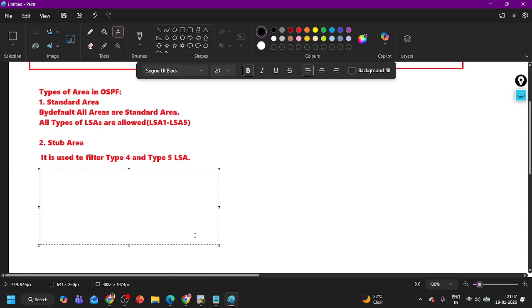Okay, so what we can say now is that we cannot make area 0 a stub area. Can anyone tell me why? Why can I not configure the backbone area as a stub area?